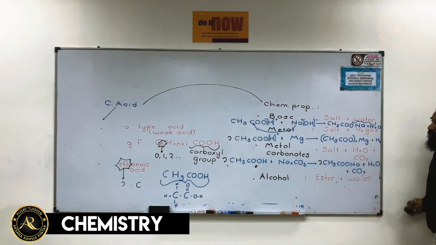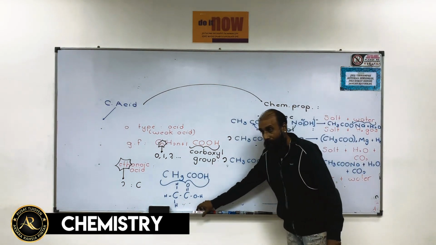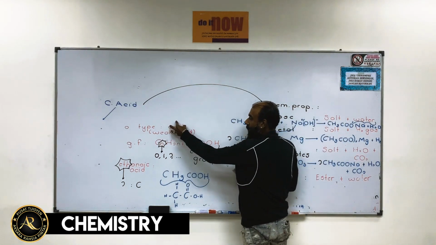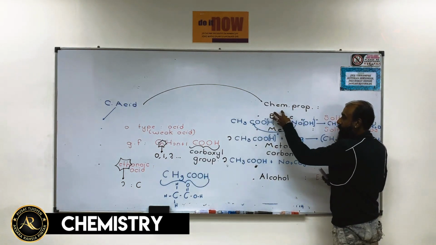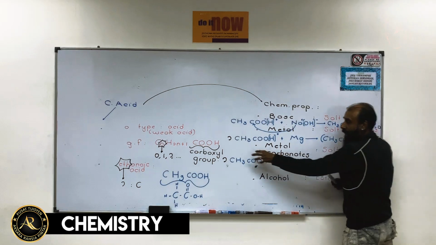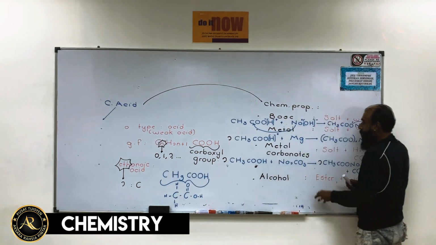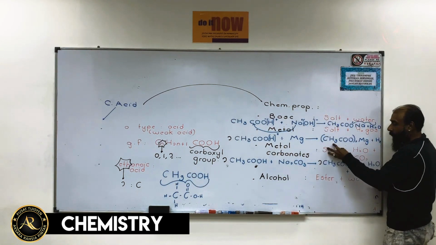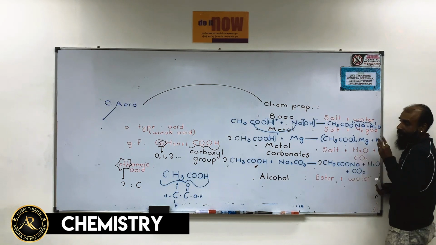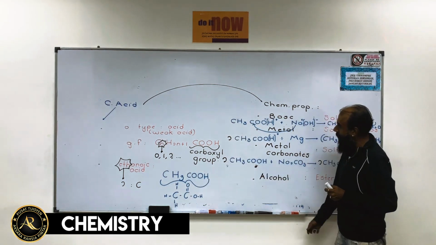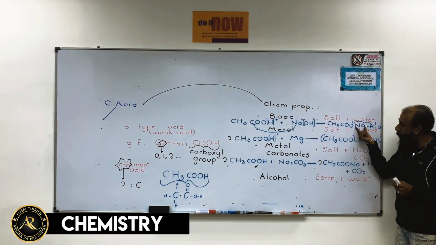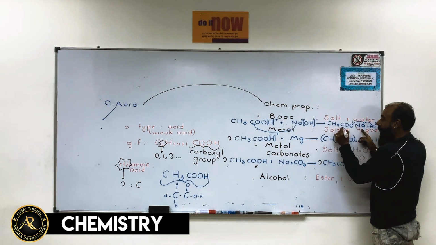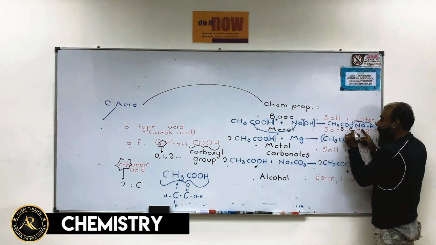Now let's look at carboxylic acid in a close review. It displays the character of an acid. It reacts with base to produce salt and water. It reacts with metal to produce salt and hydrogen gas. It reacts with metal carbonates to produce salt, water and carbon dioxide gas. If I use ethanoic acid, my product will be sodium ethanoate.